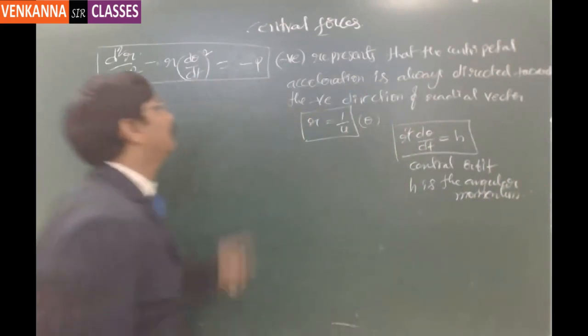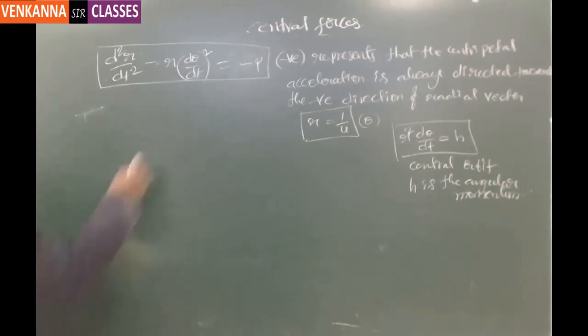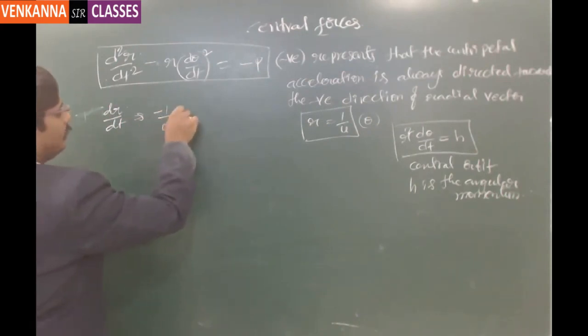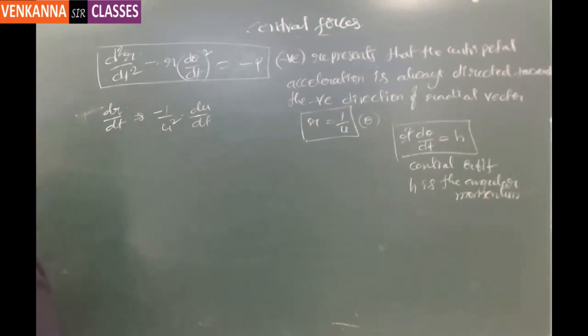And here p is the central acceleration, centripetal acceleration, which we have noted down. Now from that relation, r is equal to 1 by u. So dr by dt is equal to minus 1 by u square into du by dt. So this is one relation.